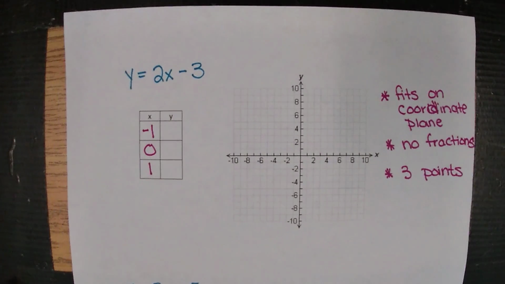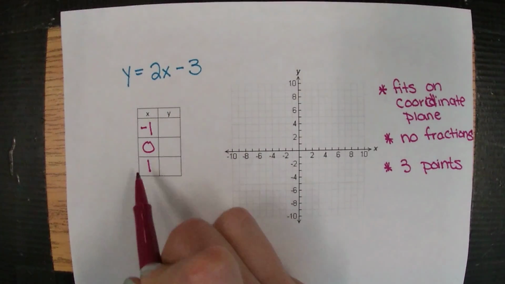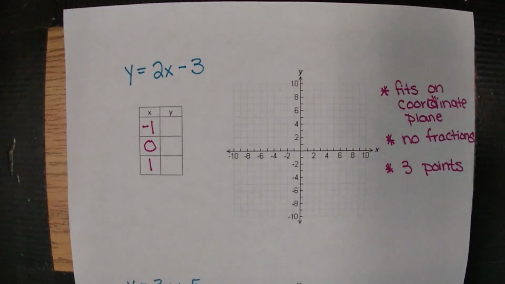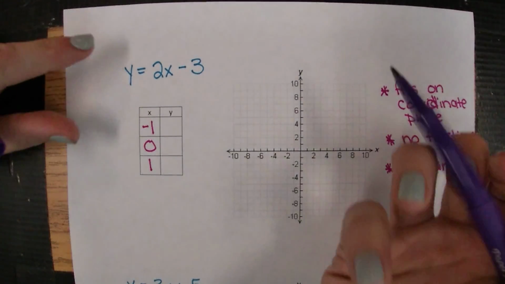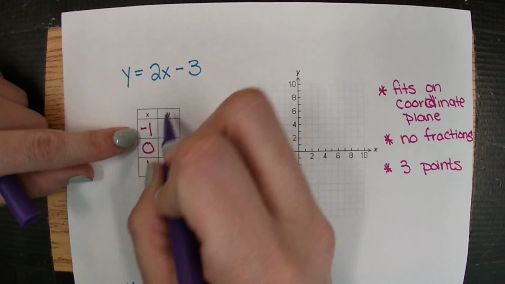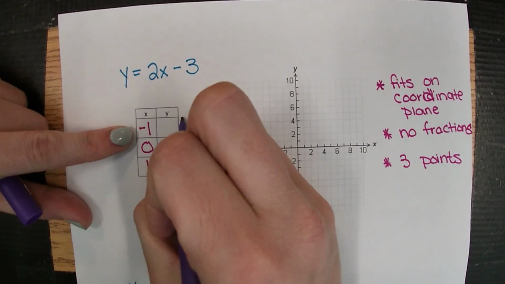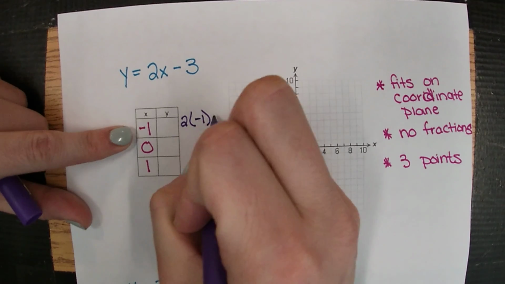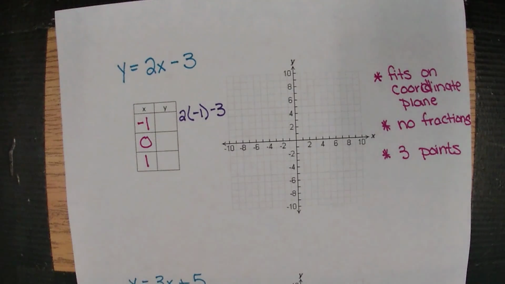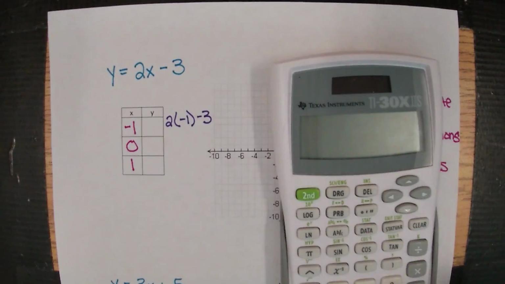Okay, so once we've picked these starting values of -1, 0, and 1, we're just going to plug each of these in just like we did for function notation. So instead of saying 2 times x minus 3, I'm now going to plug in -1 and say 2 times -1 minus 3. I hope we could do 2 times -1 is -2, minus 3 is -5.